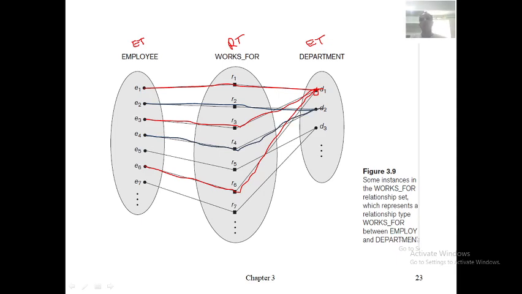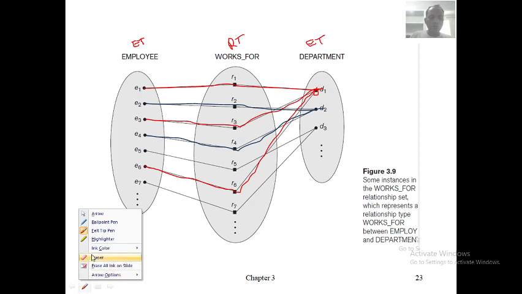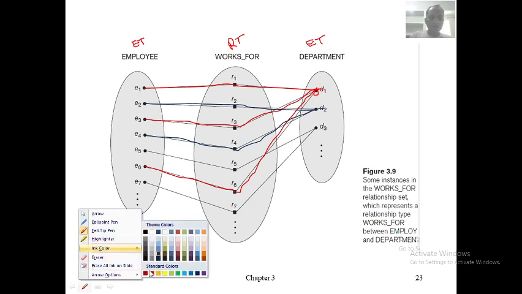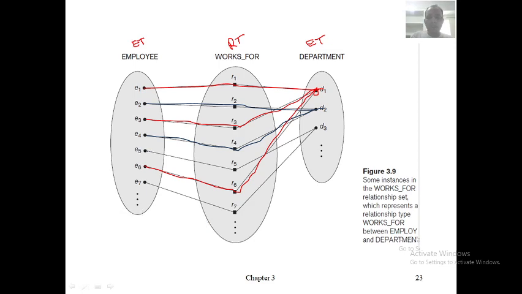Then who is working in the department number 3? That department number 3, who is working there? E5 works for the department number 3.